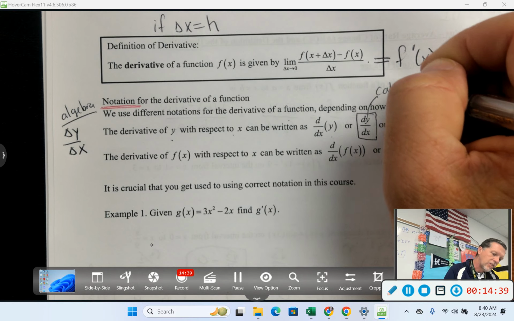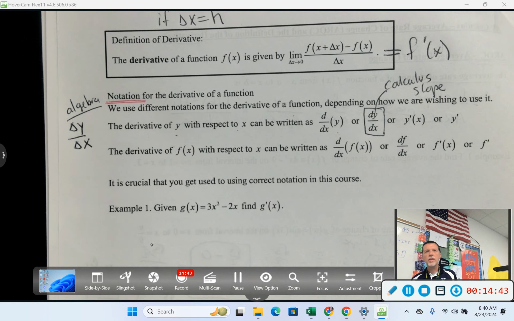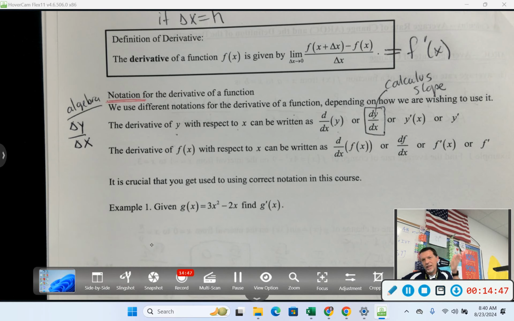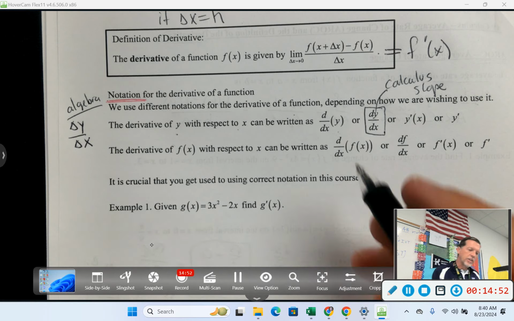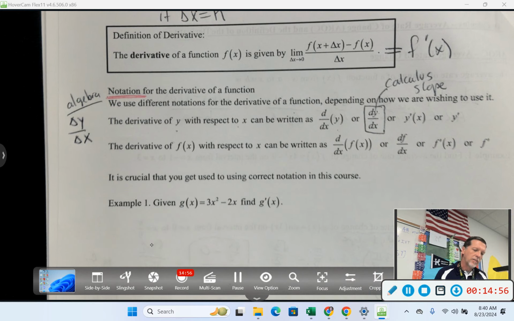That's our calculus slope. So algebra slope, delta y over delta x, is a chunk of y and a chunk of x. In calculus, we shrink those all the way down to close to nothing, so it's dy over dx.